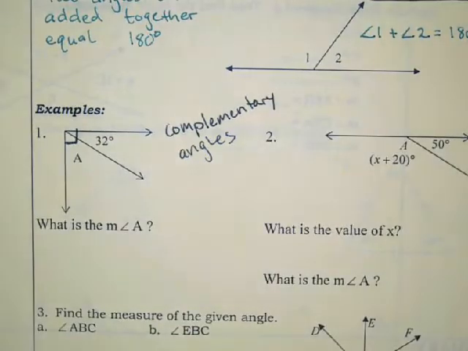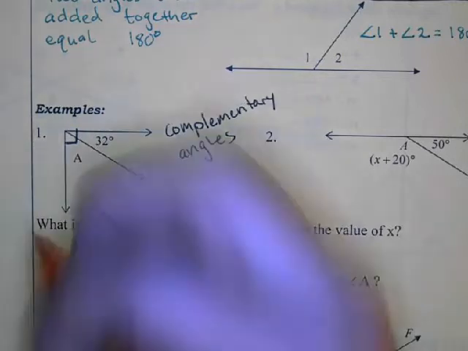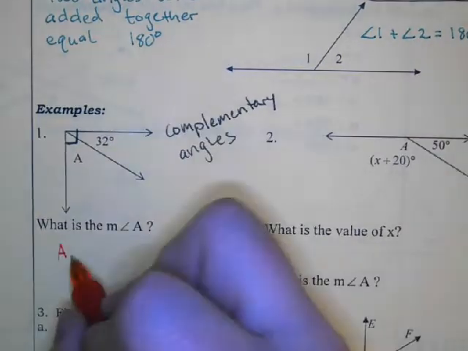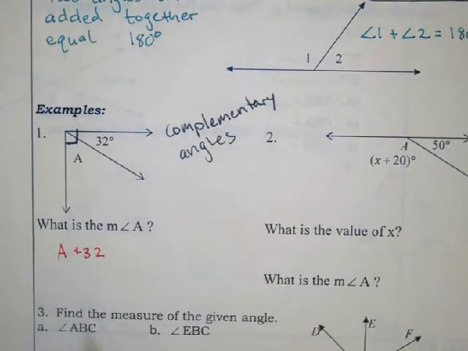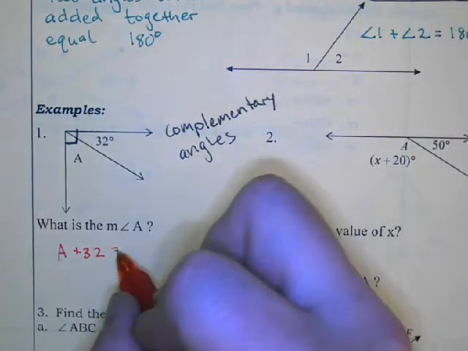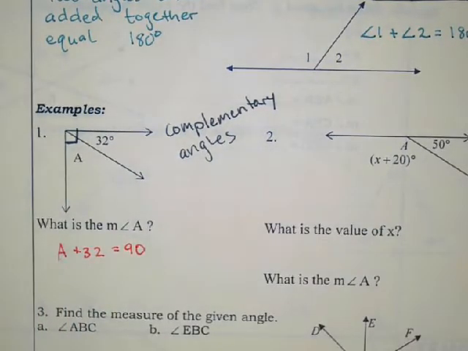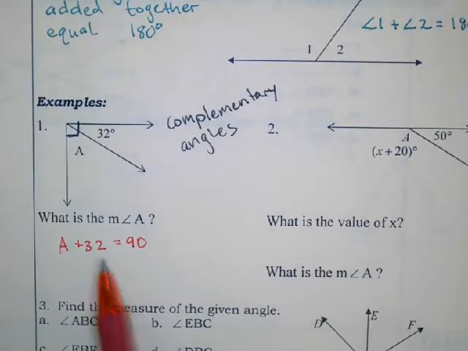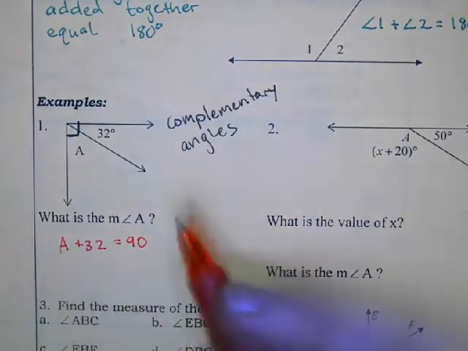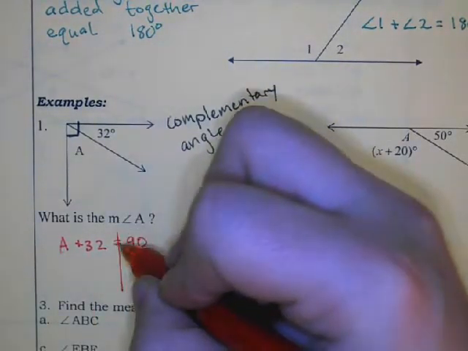So to solve this, I can say that A plus 32, I will add the two angles together and that will equal 90. And now all I have to do is solve for A. I just have to get A by itself. So we draw our line down the middle.